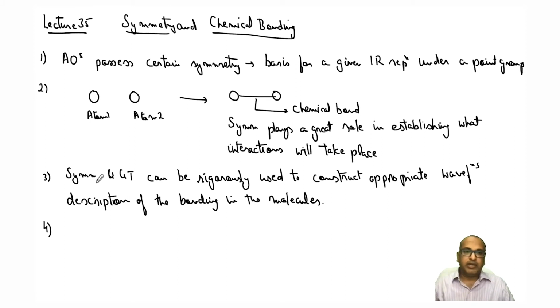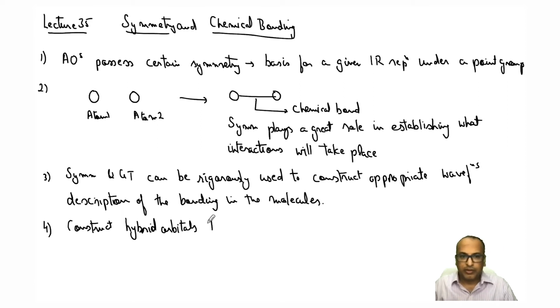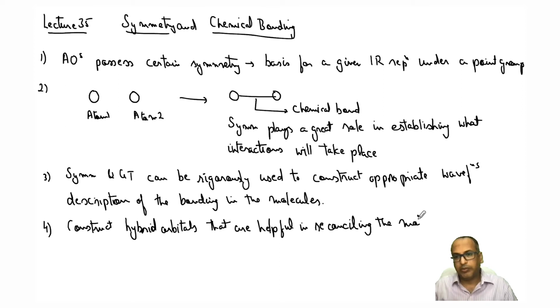And what else can we do using this theory? We can construct hybrid orbitals that are helpful in reconciling the molecular shape. For example, CH4 is tetrahedral, and so on.